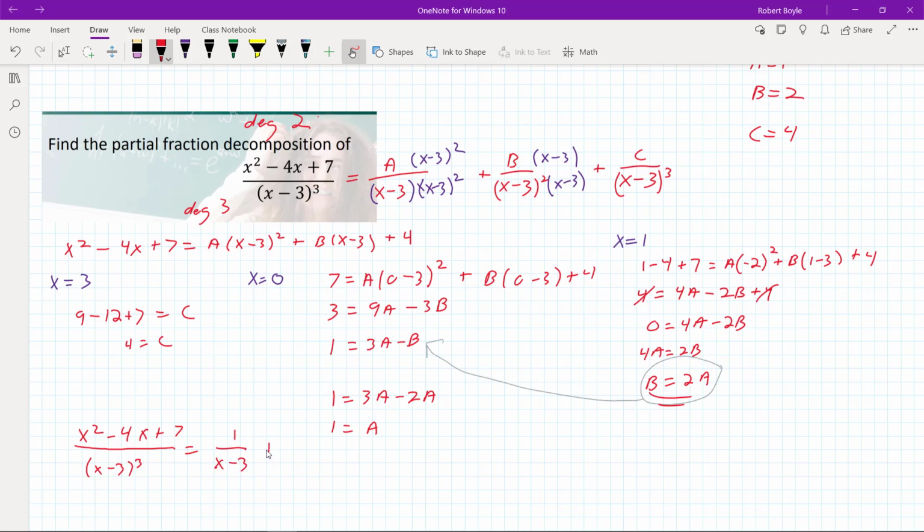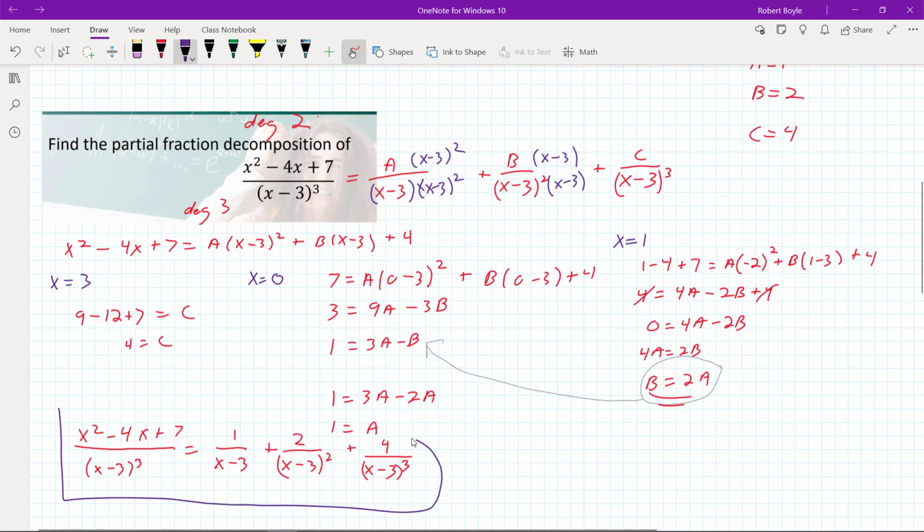B is equal to 2, so it's going to be plus 2 divided by x minus 3 squared, plus 4 divided by x minus 3 cubed. So this right here, I'm sorry, that one there got in the way, is going to be our partial fractions expansion, decomposition for that particular fraction.